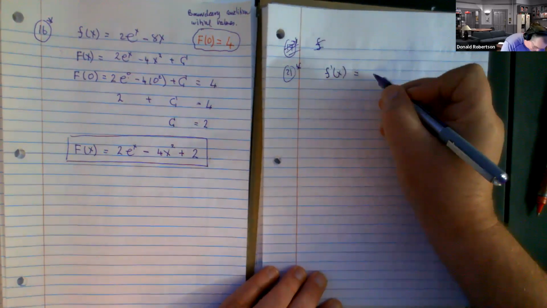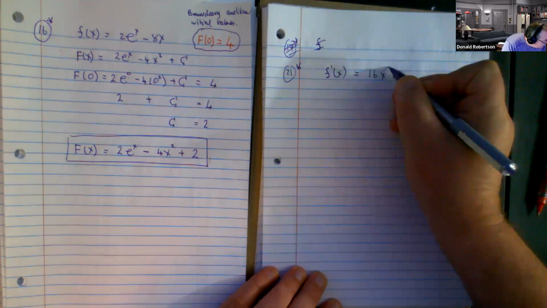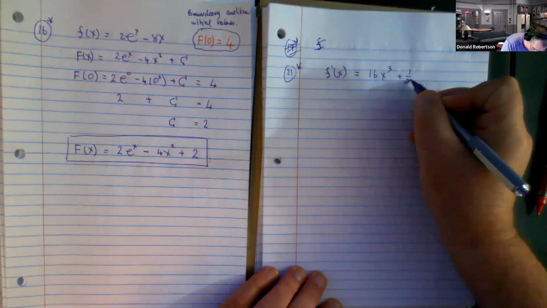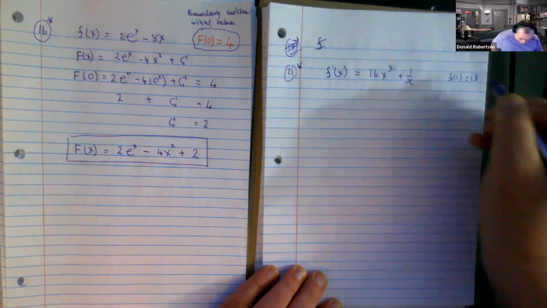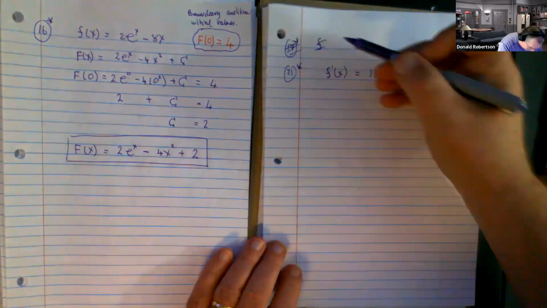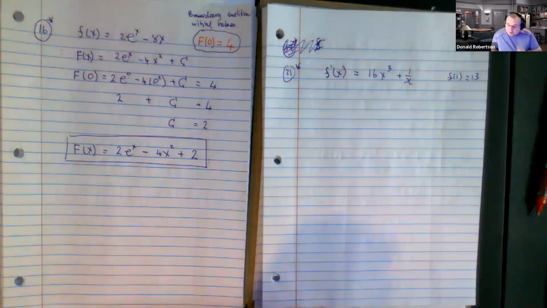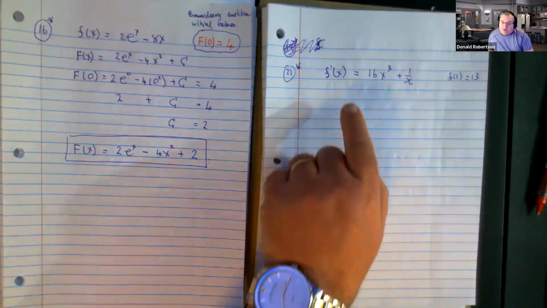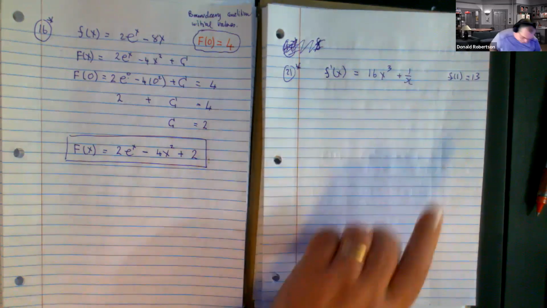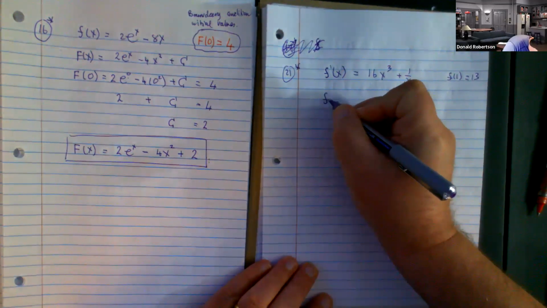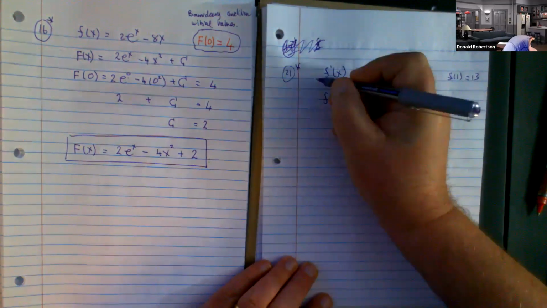Suppose I tell you the derivative is that, and the f of 1 is 13. Now, right at the beginning, antiderivatives, didn't we tell you the two notations? One of them is this guy. They tell you who the derivative is, and your job is to find f of x.